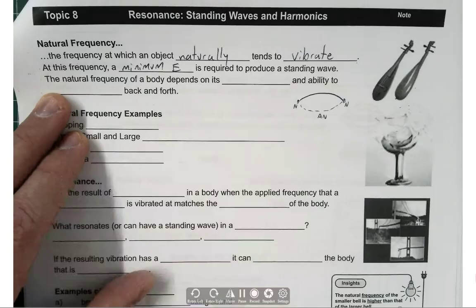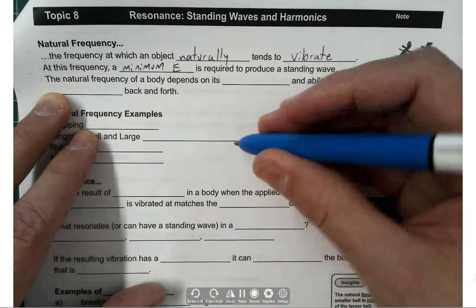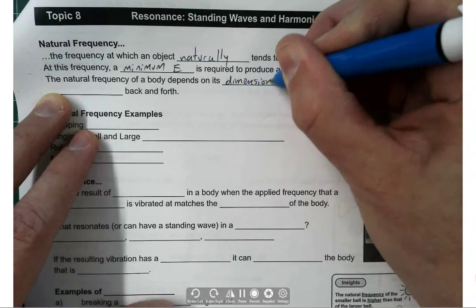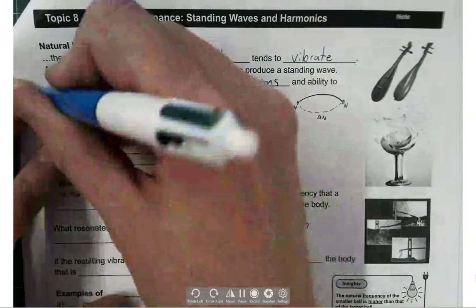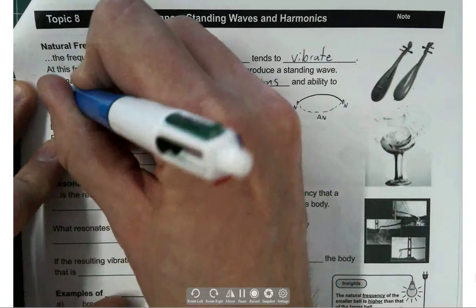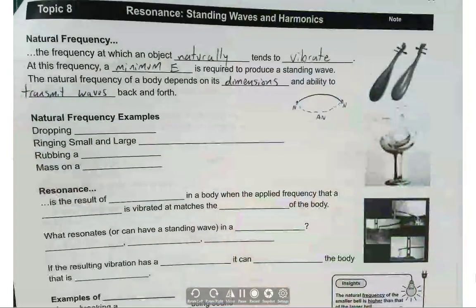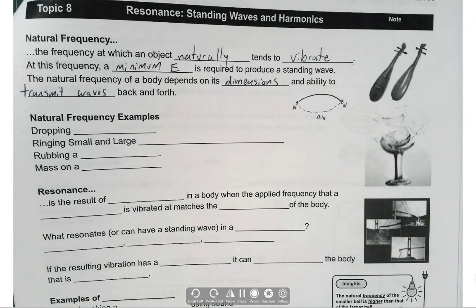But the natural frequency of a body depends on its dimensions and the ability to transmit waves back and forth. So, of course, in the terms of dimensions, a lot of us are familiar with guitar strings or piano strings.